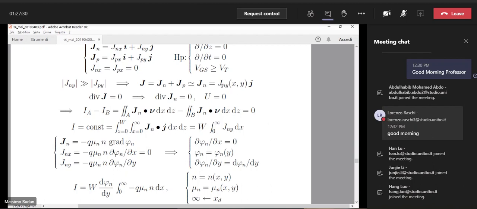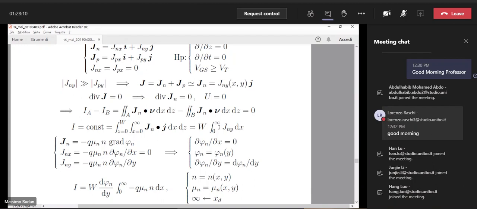Also, considering the expression of Jn is a scalar called Jy times the unit vector of the y-axis. But then we have another scalar multiplication by the unit vector, so we obtain a scalar, okay? So essentially, now we have to calculate a single integral with respect to x of the horizontal component of the current density of the electrons.